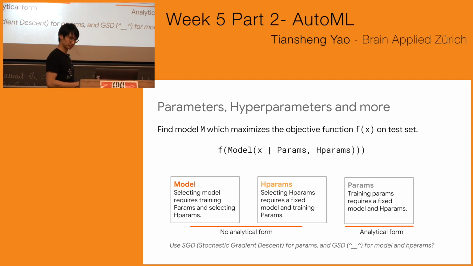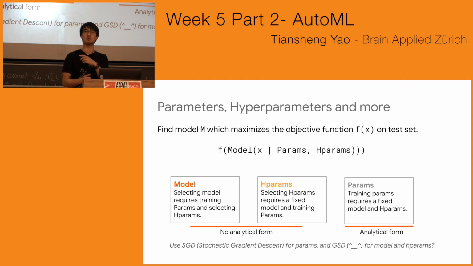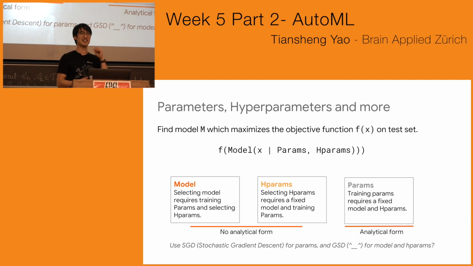For something where we have an analytical form, we often use SGD, called stochastic gradient descent, for optimizing parameters, and we use GSD for model and hyperparameters. It's a common joke from when I was a student. Do you want to guess what GSD is?